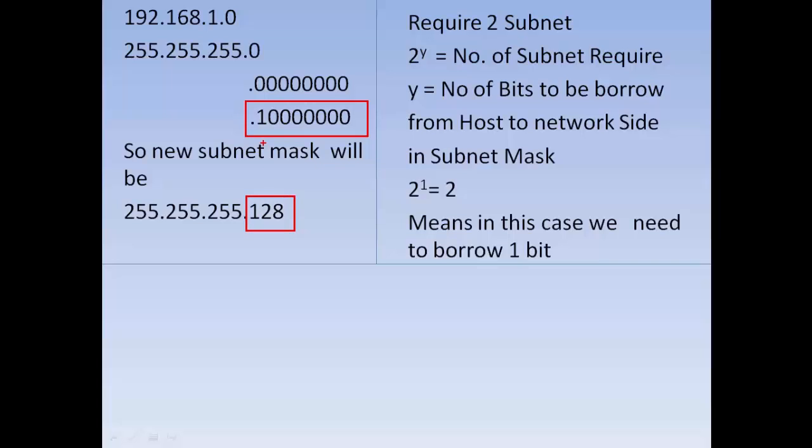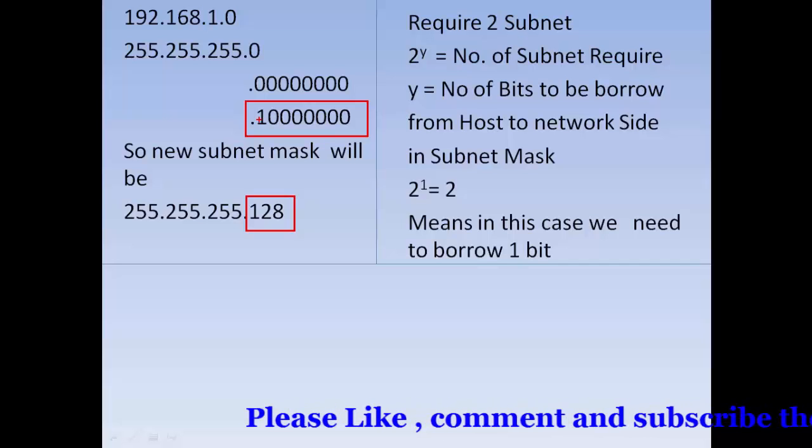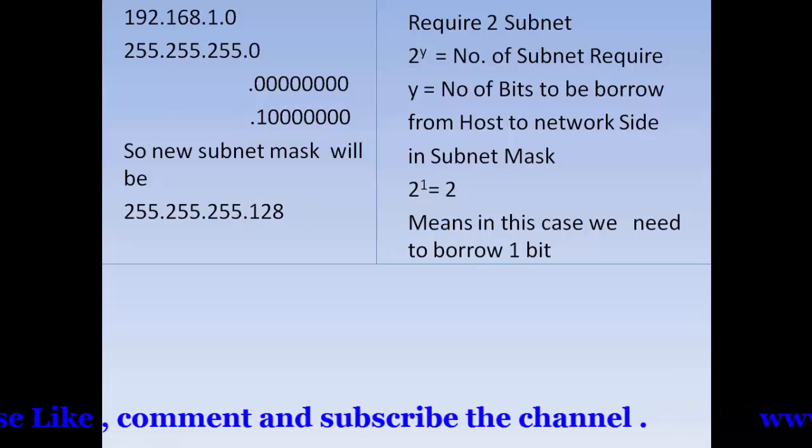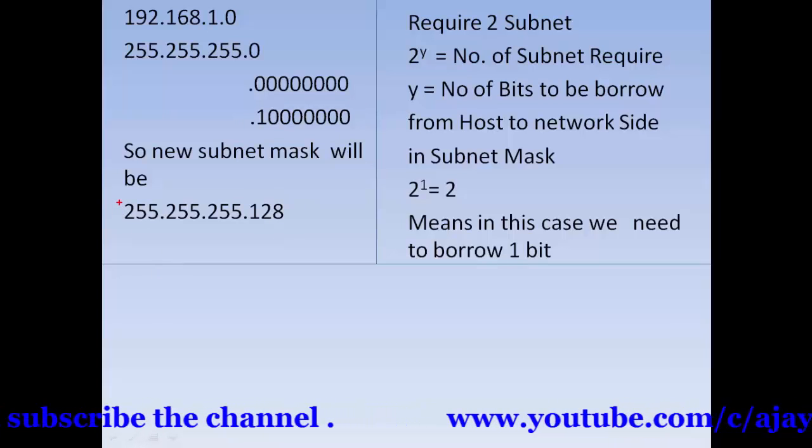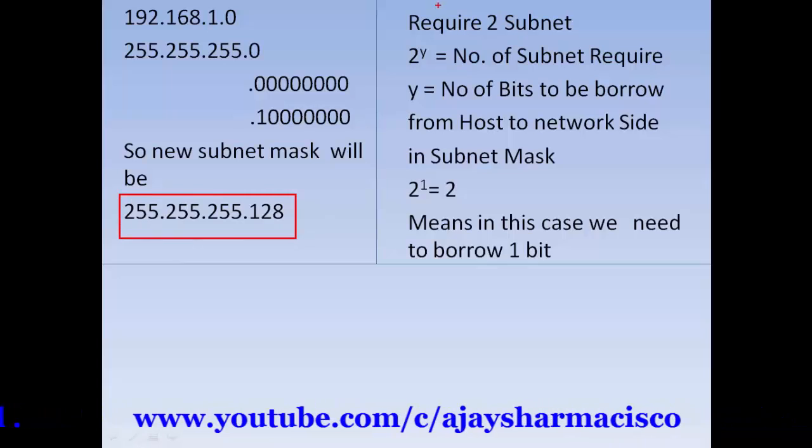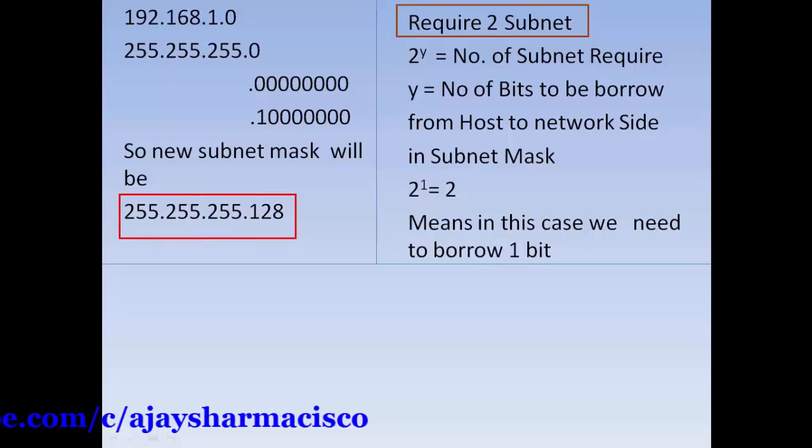If you remember, I have explained very well how you can convert decimal to binary and binary to decimal. You can see my previous video also if you still have any doubt. This is the first step, to calculate the new subnet mask to fulfill this requirement.